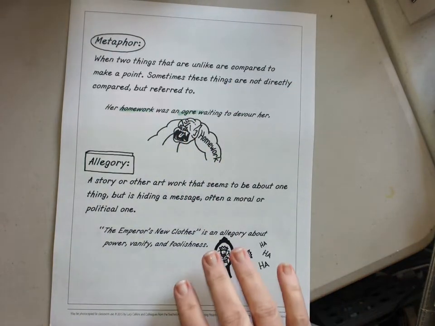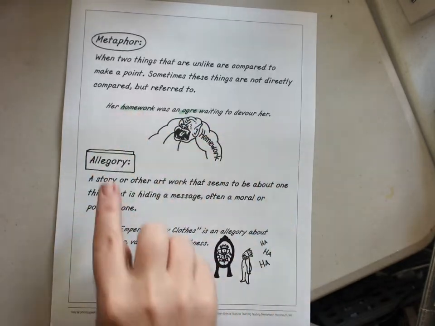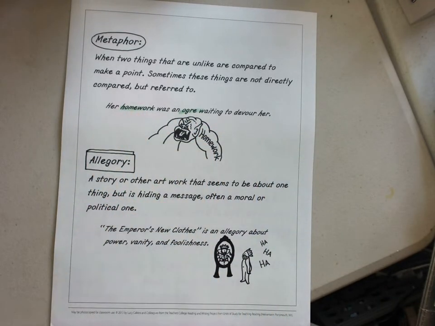Okay? That's a metaphor comparing two things that aren't related. An allegory is a story or other artwork that seems to be about one thing, but is hiding a message, often a moral or a political one. Like the emperor's new clothes. That's an allegory about power and vanity and foolishness. Because remember, there was nothing to his clothing.